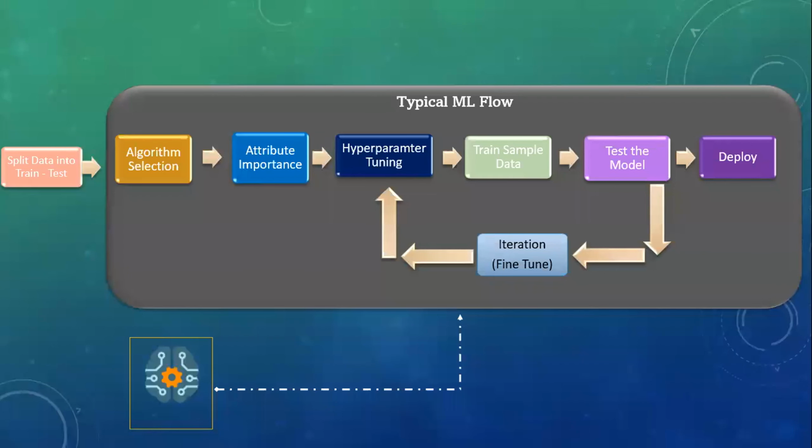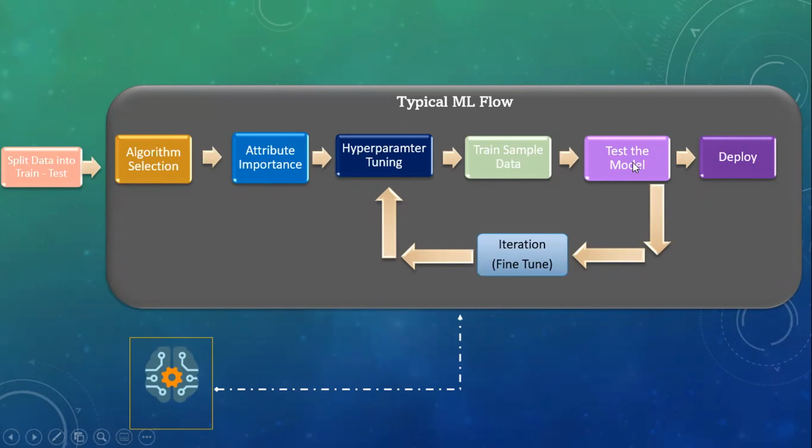Now, for those who have built machine learning models would know that there are a lot of steps that one has to perform before we arrive at the exact machine learning algorithm or the machine learning model that we intend to develop. As you can see on my screen, there are a lot of steps like algorithm selection, attribute importance, hyperparameter tuning, sampling the data, then testing the model.